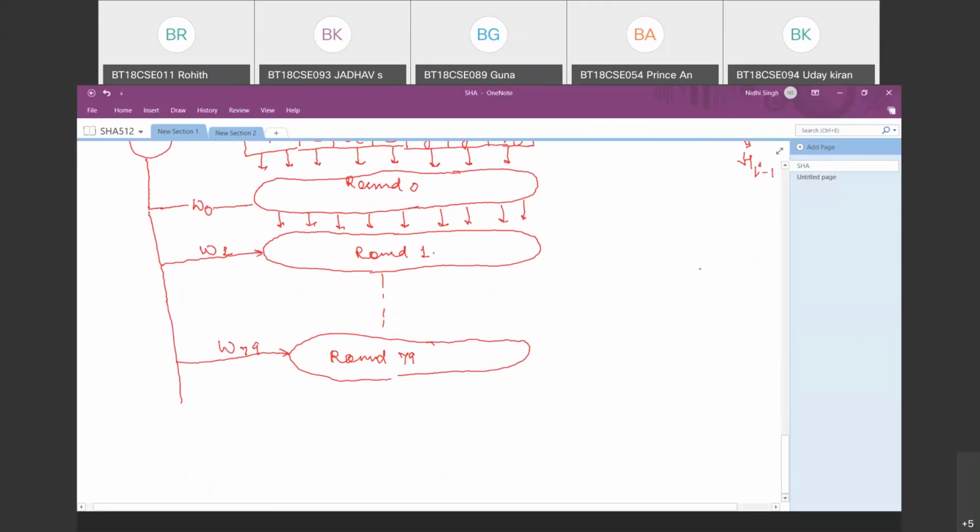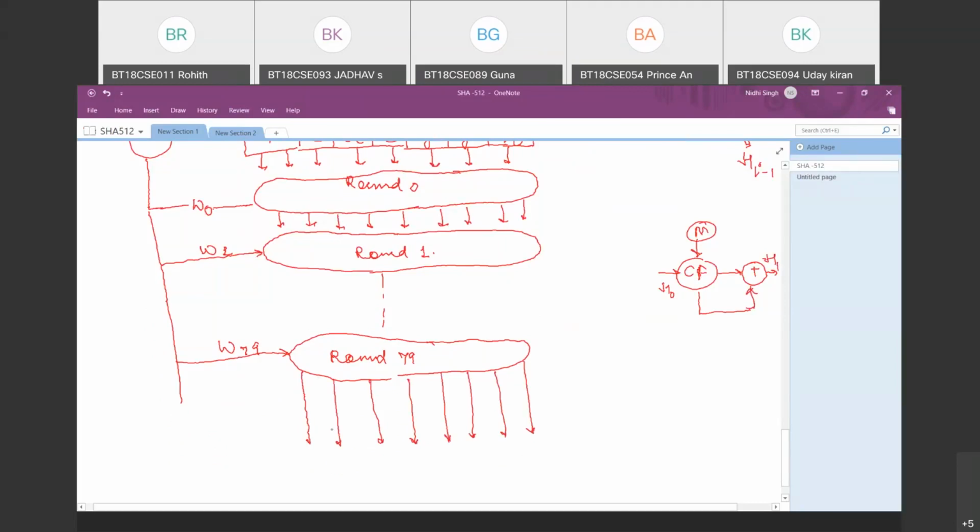Now what does my structure say? My structure says the compression function has two inputs, the message itself and H0. Again we have to perform the addition modulo with two things: the first is the output of the function and the second is H0. And it will create H1. So the output of round 79 goes to 1, 2, 3, 4, 5, 6, 7 and 8.